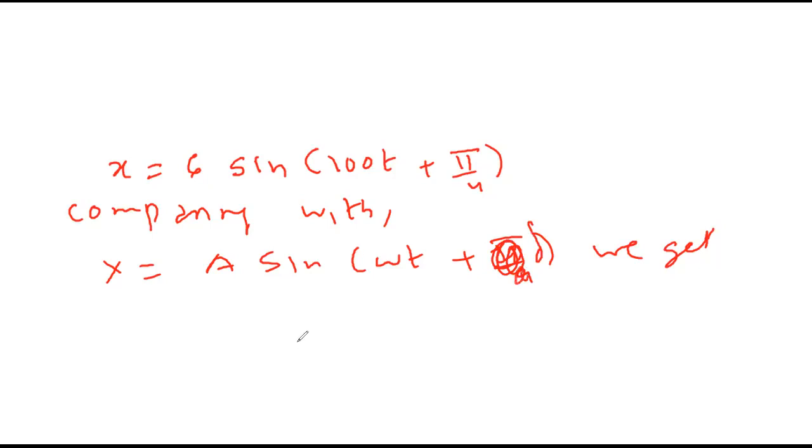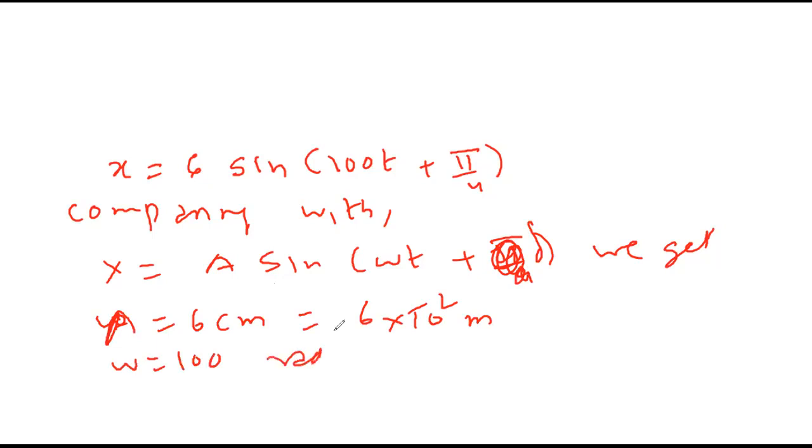We have derived the displacement is a sine omega t. So what is a by comparison? 6 centimeter, so I can say 6 into 10 raised to minus 2 meter. Omega is 100 radian per second, and delta is pi by 4 radian. By comparison I did this.